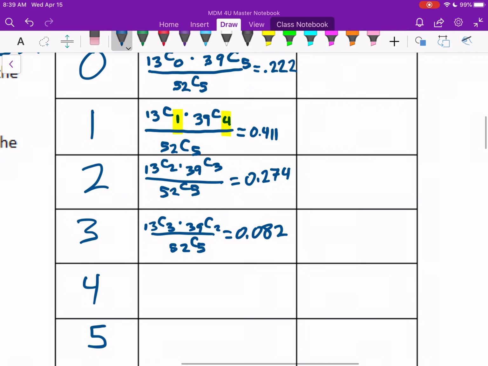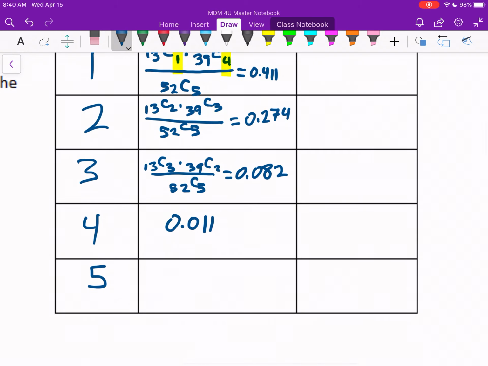And then the next one would be 13 choose 4 times 39 choose 1 over 52 choose 5. I won't write that down because I hope you get the idea by now. That works out to be 0.011. And the last one will be 13 choose 5 times 39 choose 0. I want to get 5 successes out of the 13 and 0 failures. You can imagine that's probably pretty unlikely.